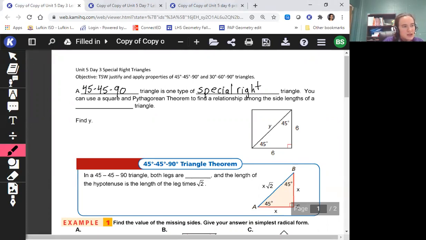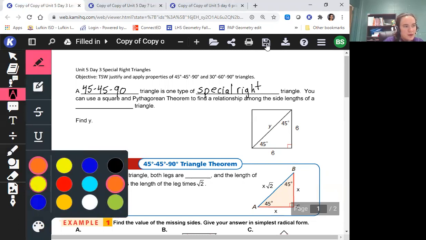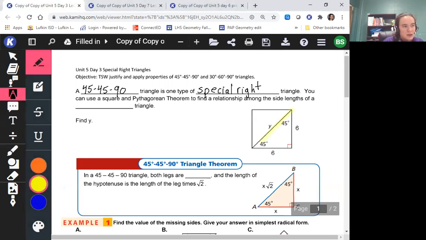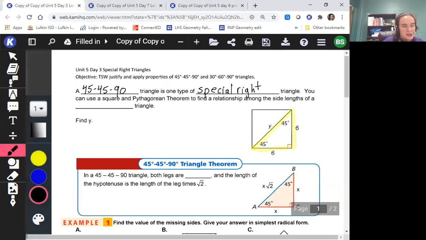So as you'll notice here, we have a 45, 45, 90 triangle. And the 45, 45, 90 triangle is half of a square cutting along the diagonal. You'll also notice that this is an isosceles triangle because two of the sides are congruent.